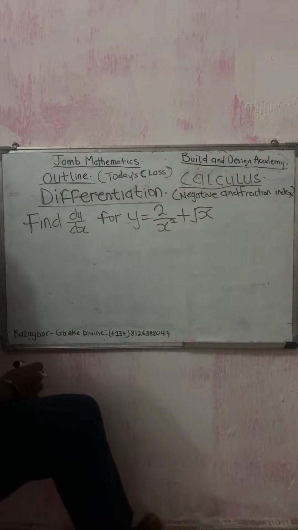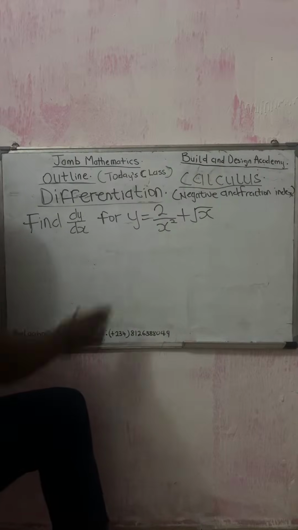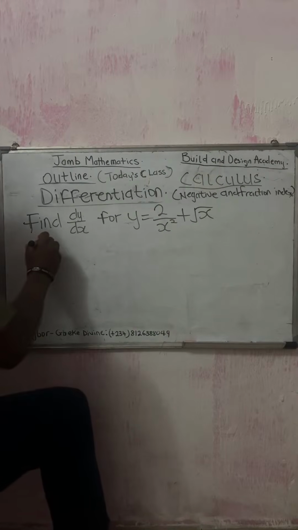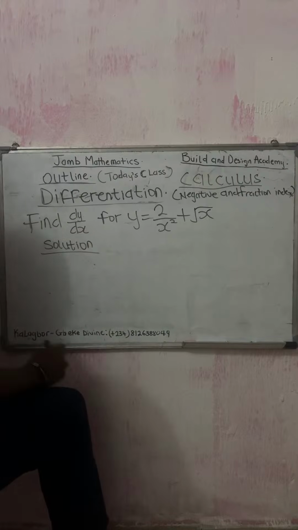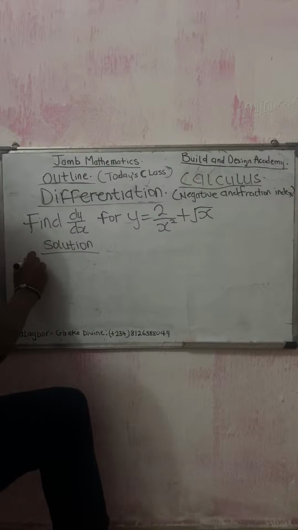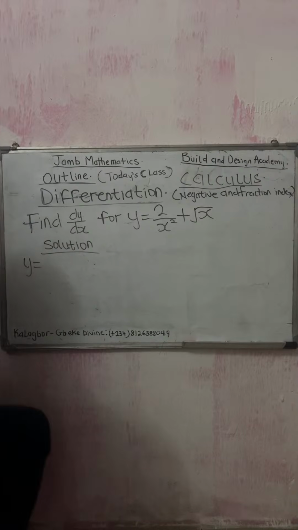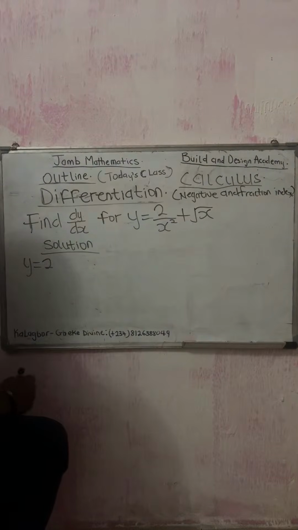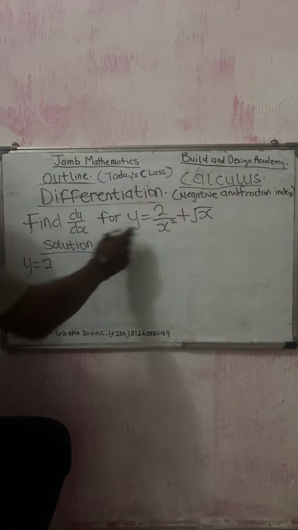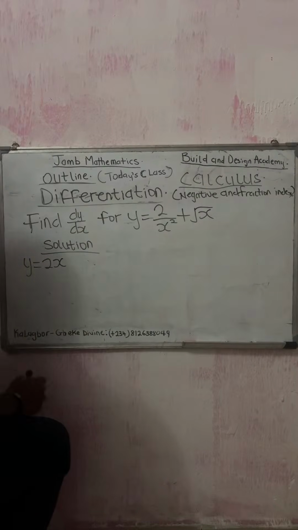So the first thing you need to do is to put it in the form of indices. Our solution will be: first of all, we represent y in the form of indices. This is simply 2 times x raised to the power minus 2.